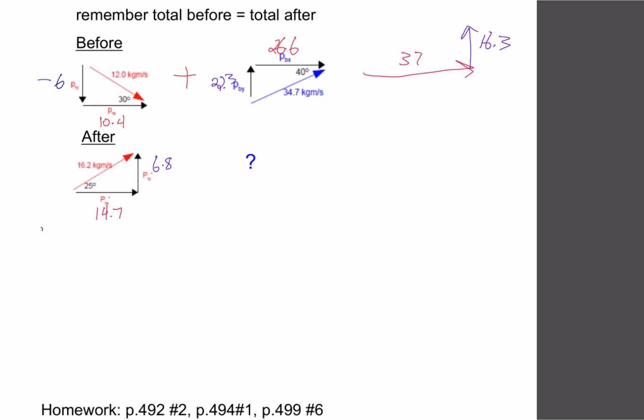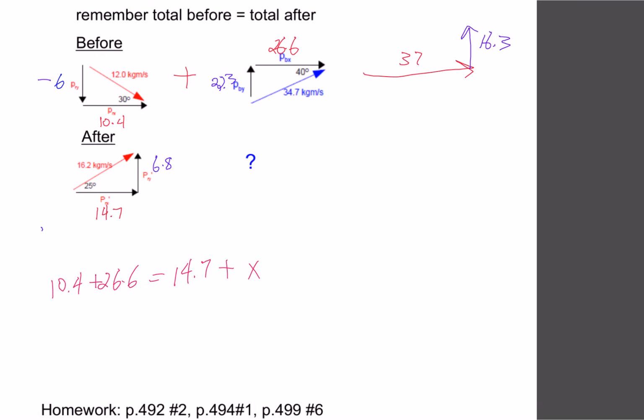So that means our after has to be the same, right? We have to get the exact same answer. Let me write it again here a little bit differently. We have 10.4 plus 26.6. That's going to equal our 14.7 to the right plus our unknown, so let's call it x.